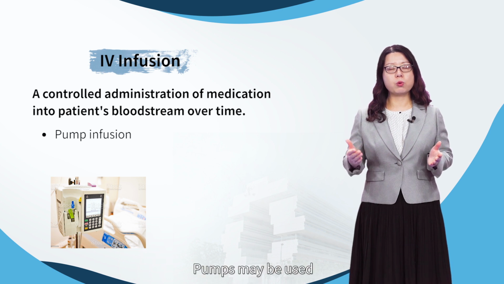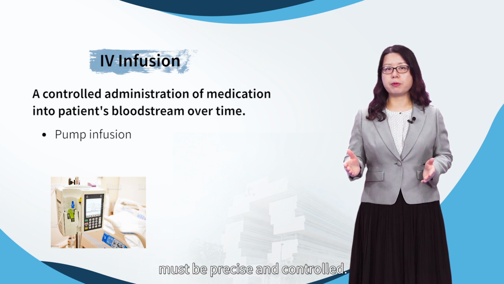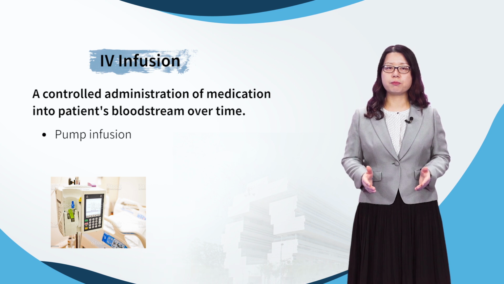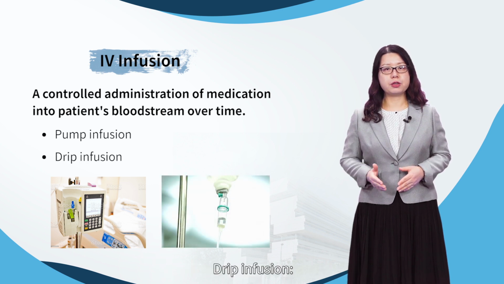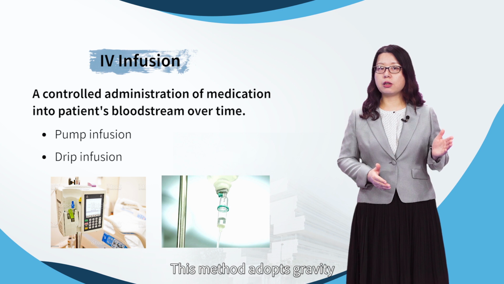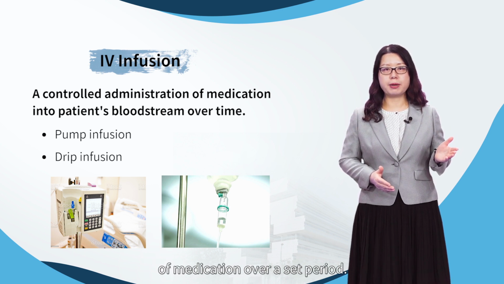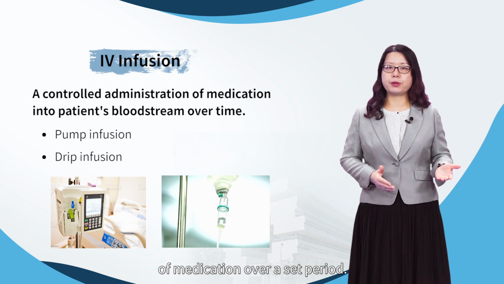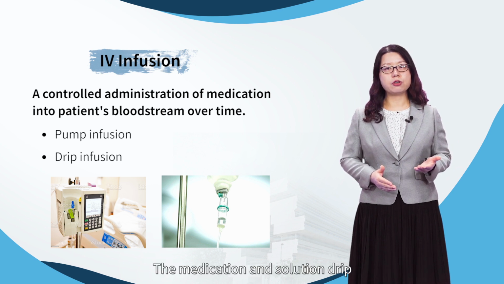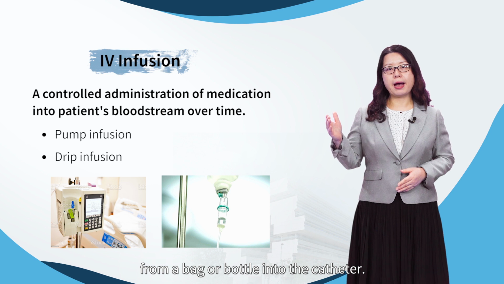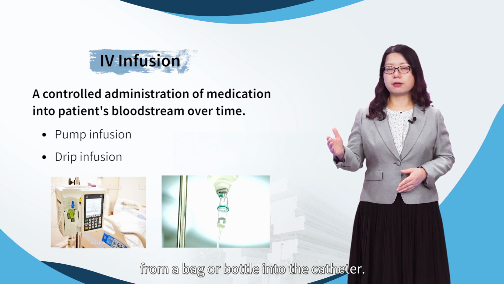Pumps may be used when the medication dosage must be precise and controlled. Drip infusion. This method adopts gravity to deliver a constant amount of medication over a set period. The medication and the solution drop from a bag or bottle into the catheter.